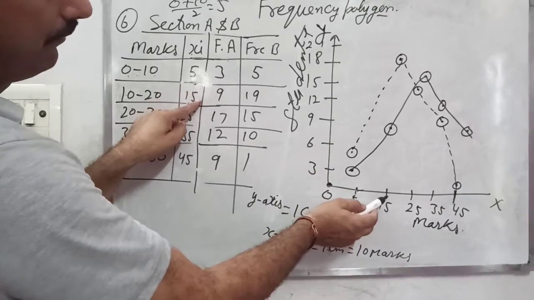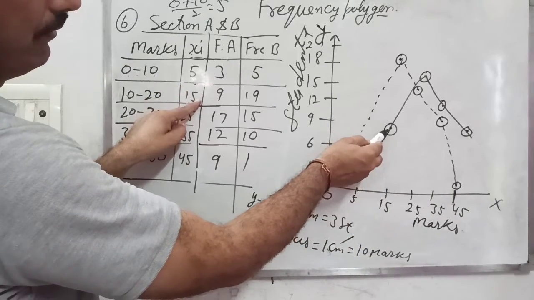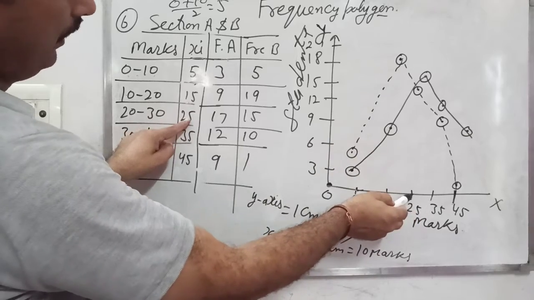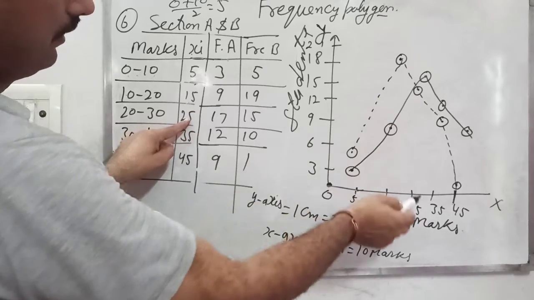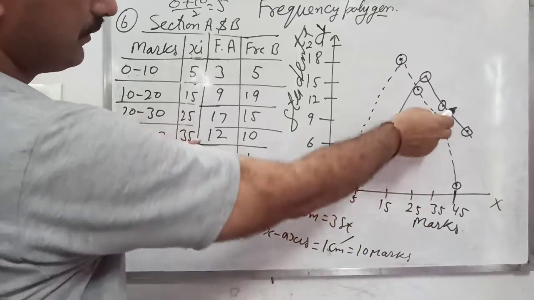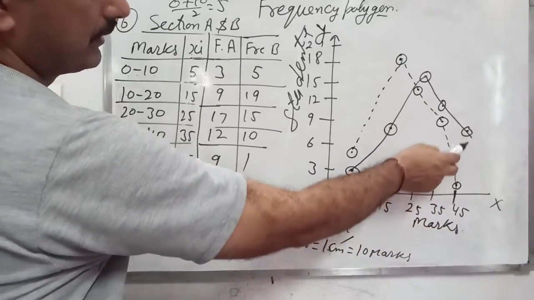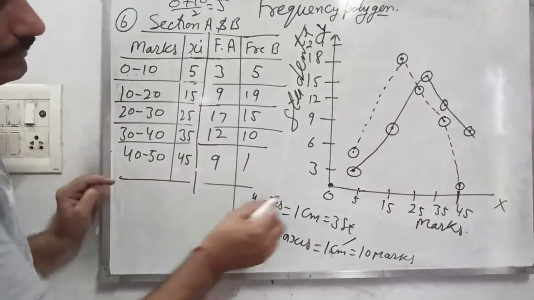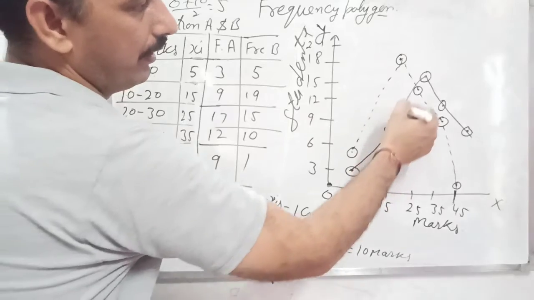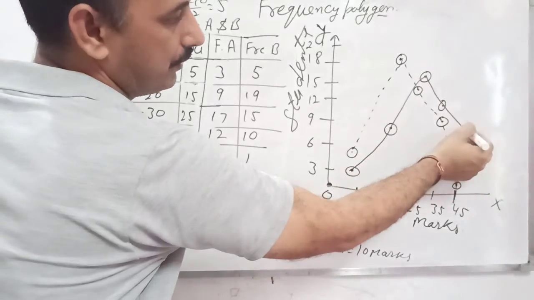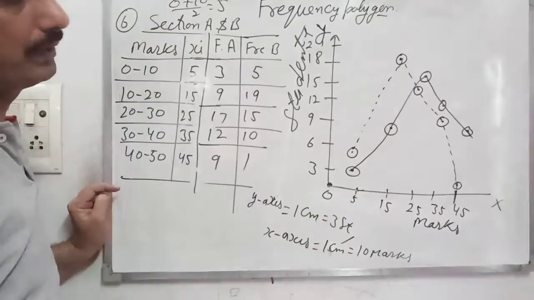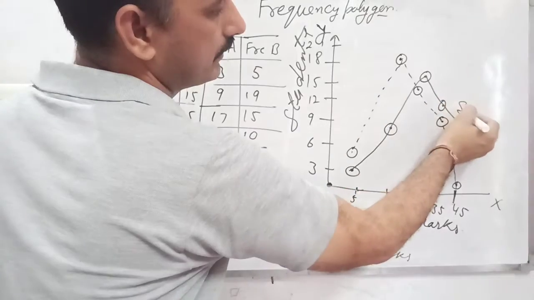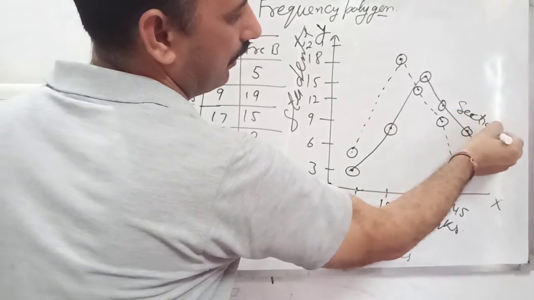Then at 15 the frequency is 9, at 25 it is 17, at 35 it is 12, and at 45 it is 9. We use a line to join all of these, so it becomes the frequency polygon for section A.